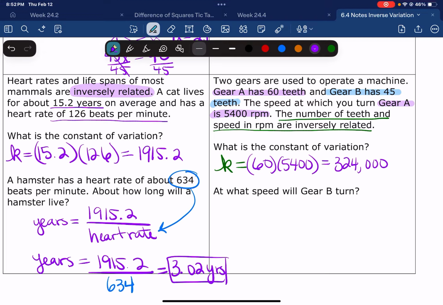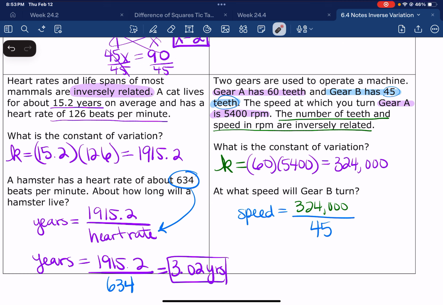So the question says, at what speed will gear B turn? Well, they're going to have the same K value. So let's use blue for this equation. So our speed is going to be equal to our constant of variation, which was 324,000, divided by, and gear B has 45 teeth, so divided by 45.